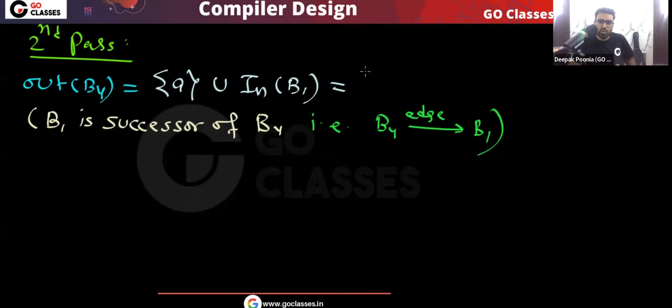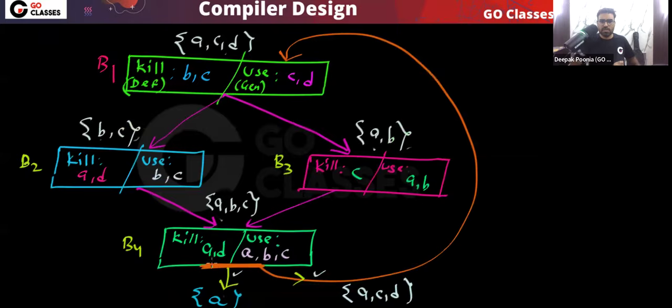Very simple. So you will take the union of A comma ACD. So finally what will it become? A union ACD, and that will become ACD. Okay, is this clear? So remember, out of B4 will actually become ACD.